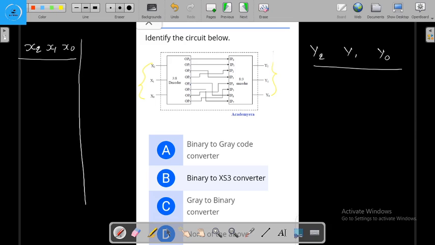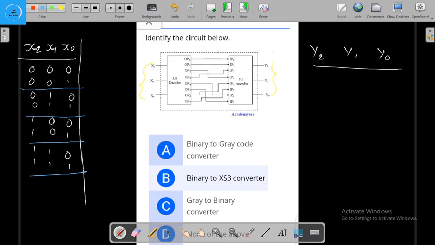First we are going to write all the possible combinations: 0 0 0, 0 0 1, 0 1 0, 0 1 1, then 1 0 0, 1 0 1, 1 1 0, 1 1 1. I am going to group these in groups of 2. So these are our inputs, right?